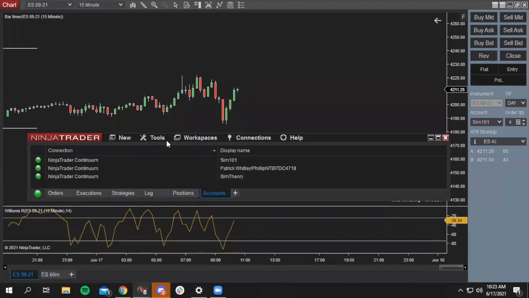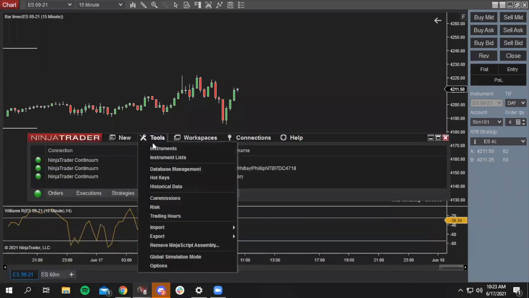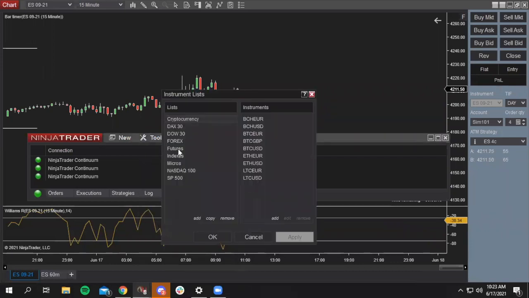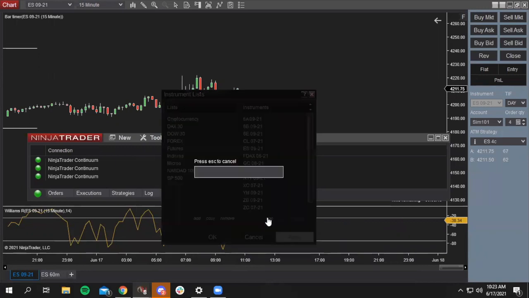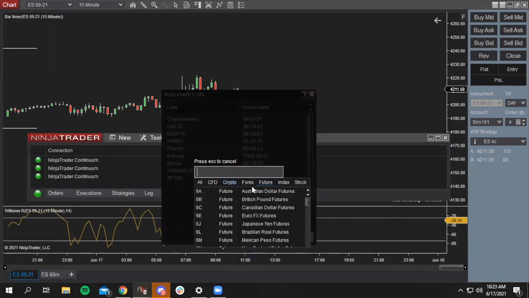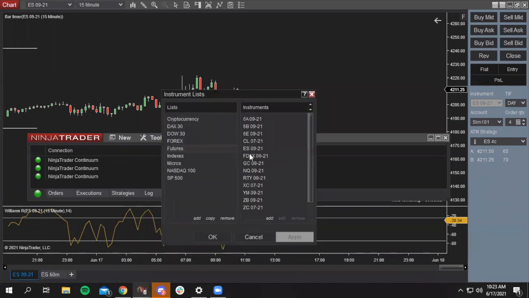If you go to Tools, Instrument List, and then you go to Futures, you can add, if you don't have it already, say you want the ES, you just double click on the ES, and it'll pull up the most recent contract. And once you do that, it should flip over.